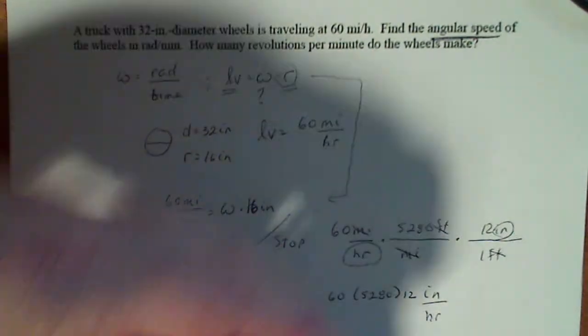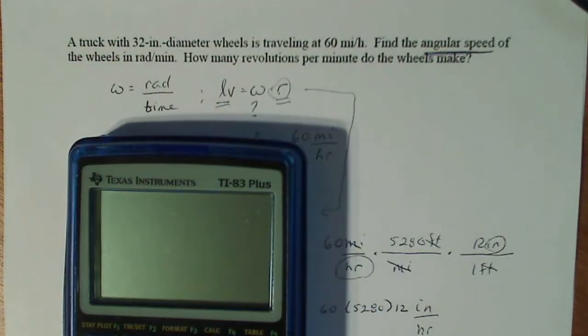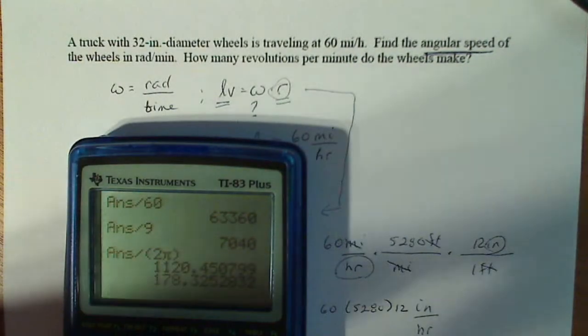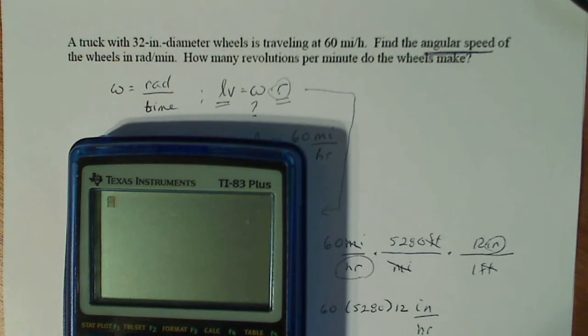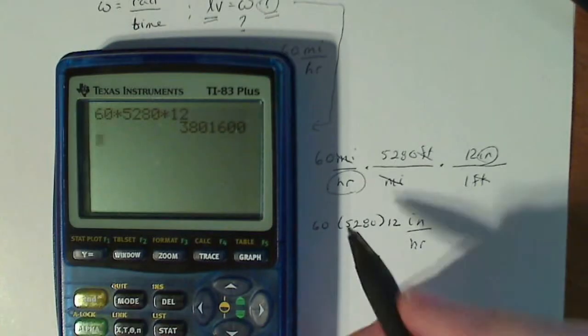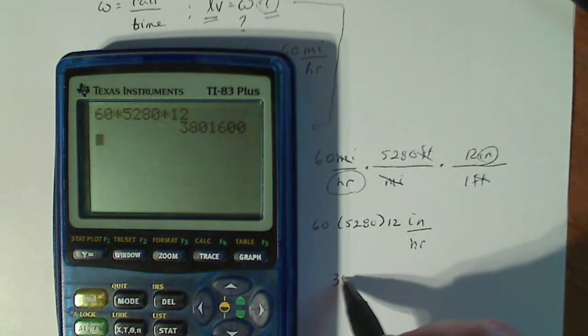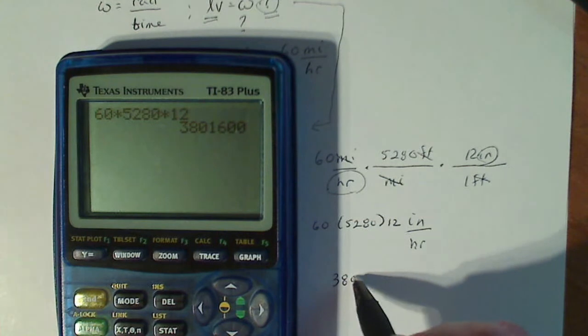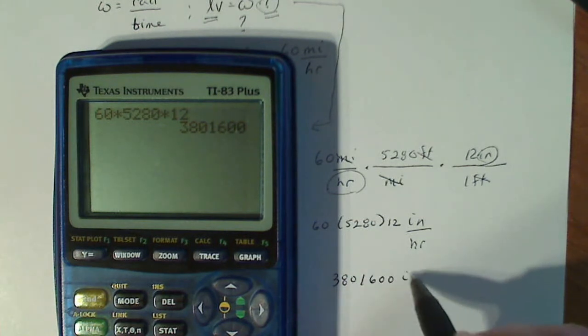Here's my calculator. All right. So let's see. I want to do 60 times 5,280 times 12. And that gives me 380,1600 inches per hour.